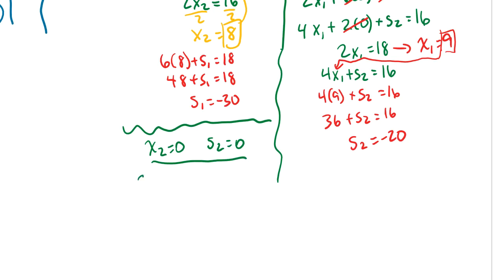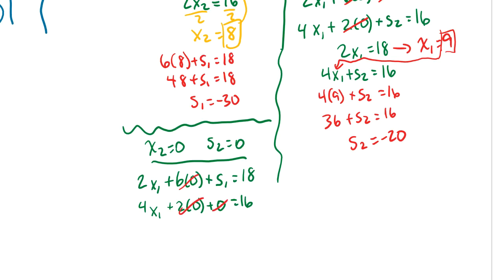Plug these in, we're going to get 2x1 plus 6 times 0 plus s1 equals 18, and then 4x1 plus 2 times 0 plus 0 equals 16.